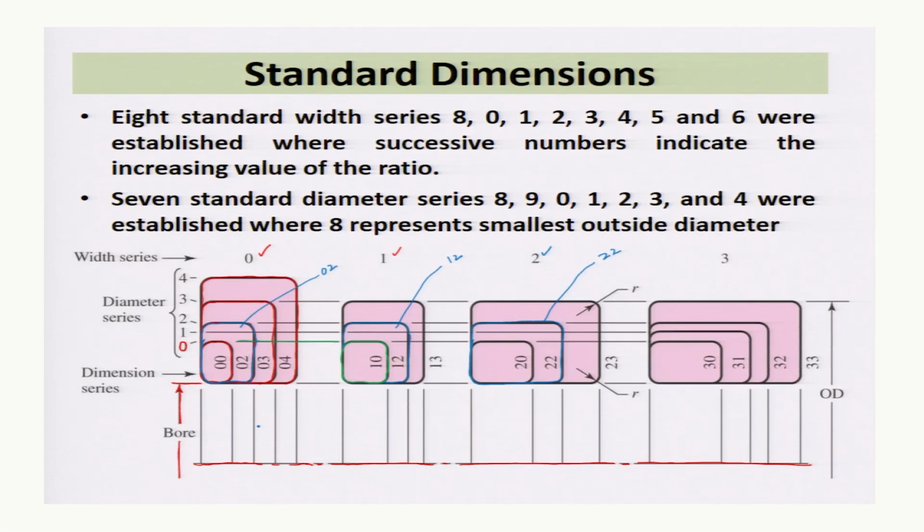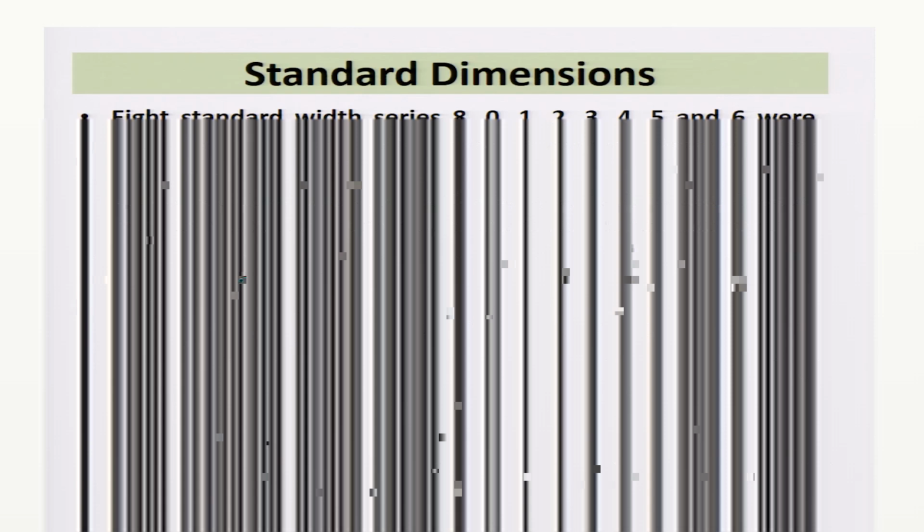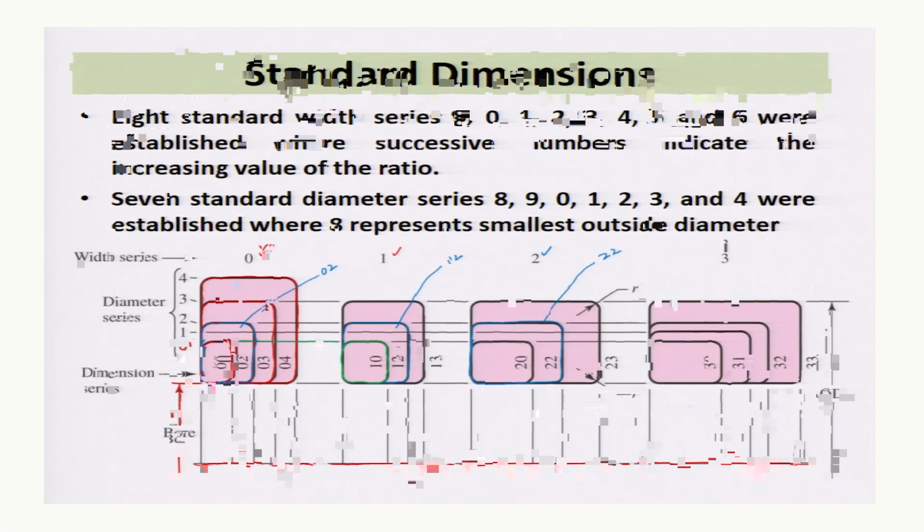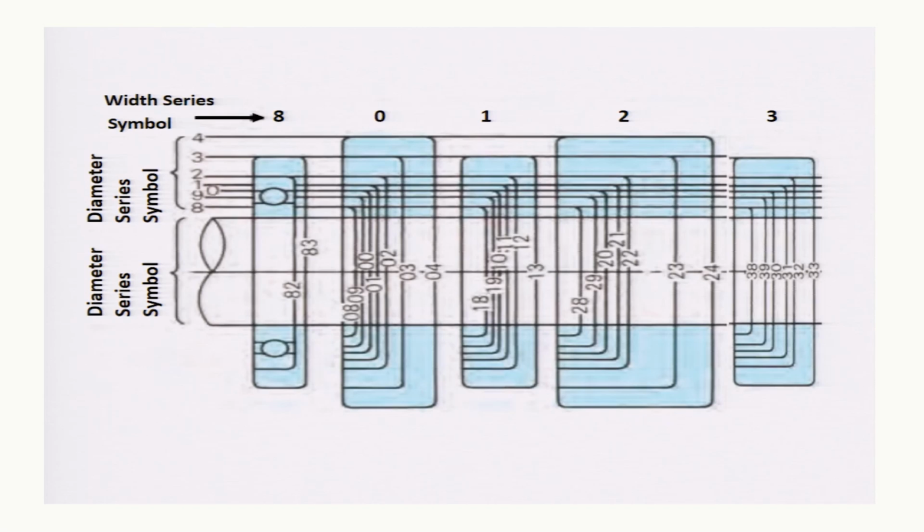Now the same thing you can see for fixing the width series but changing the diameter. These are the cases where the width series is fixed but the diameter series is changing. So the outer diameter changes. In this figure again, the different shapes of the bearings are given with the change in width series and the diameter series.